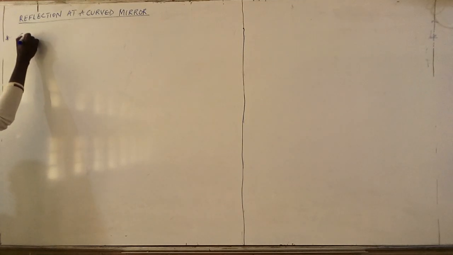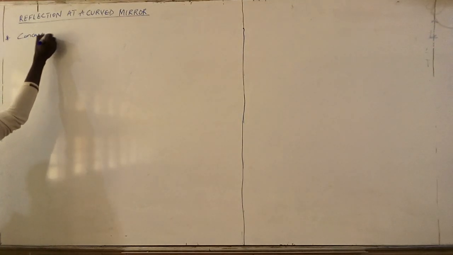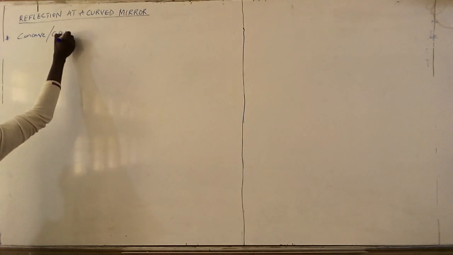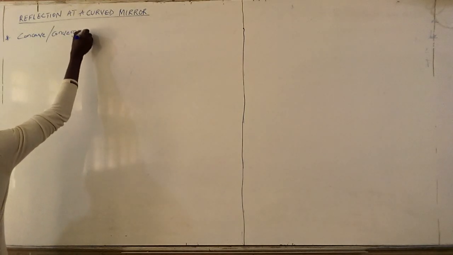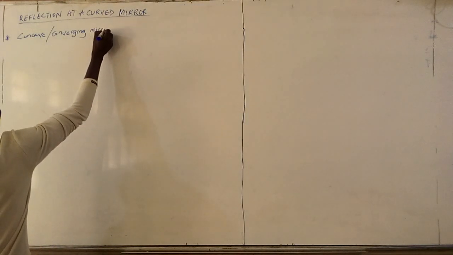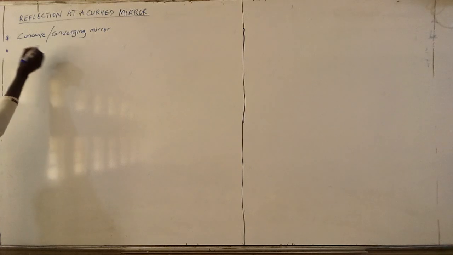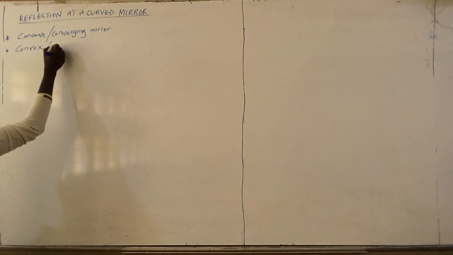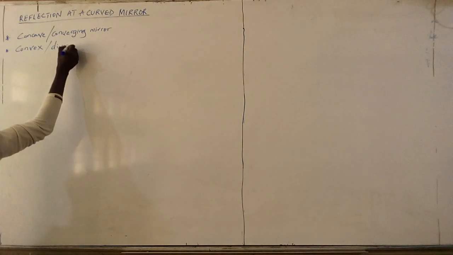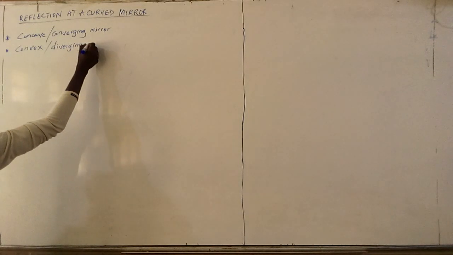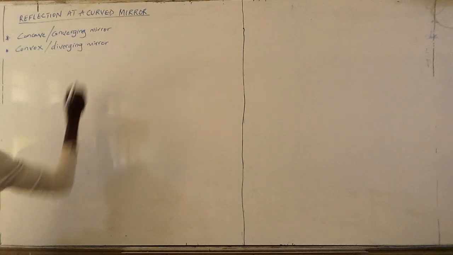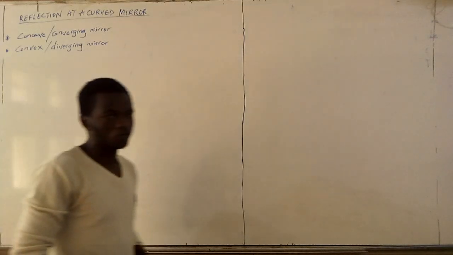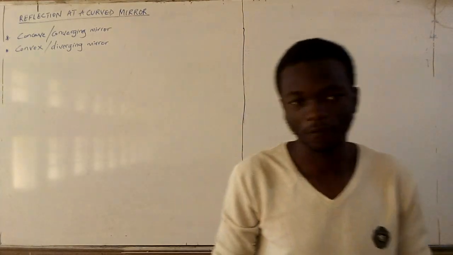We have the concave or converging mirror, and we have the convex or diverging mirror. So these are the two types of mirror we have.